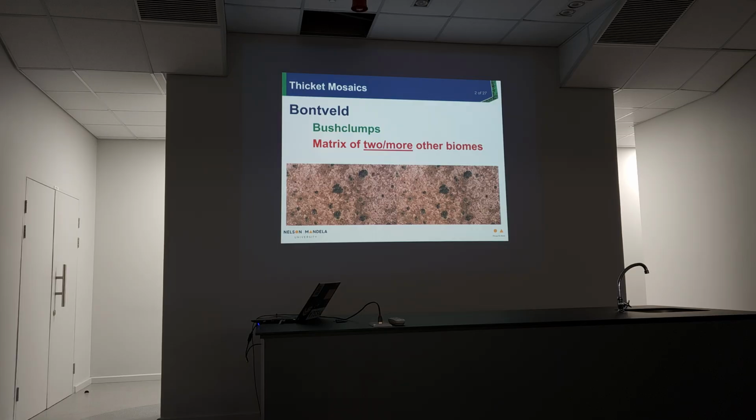So that's the background of the difference between the two terms, and in the step process that occurred at this university some years back, the decision was to make it 2 or more biomes must have elements in Bontveld, whereas there's one biome that sits with the thicket clumps in the other thicket mosaics.